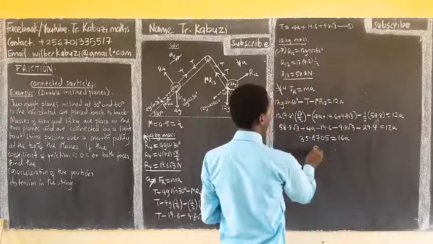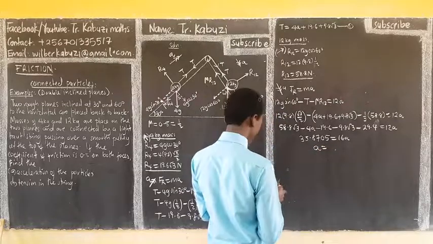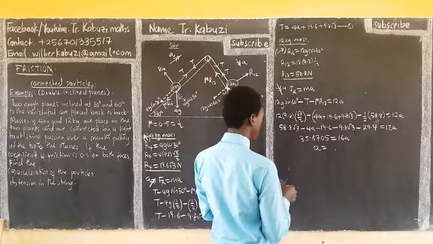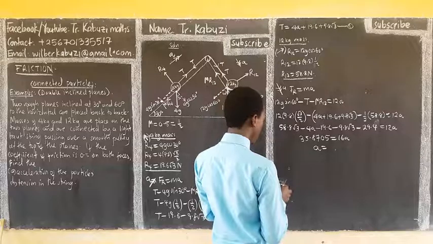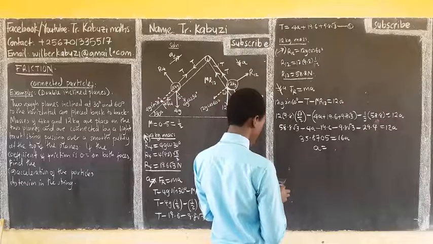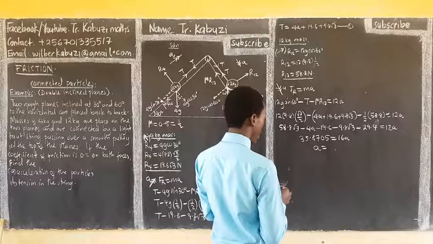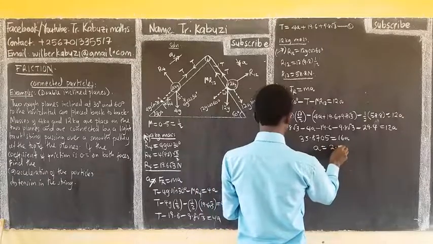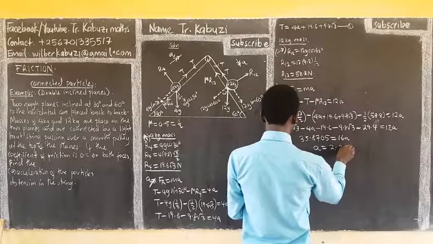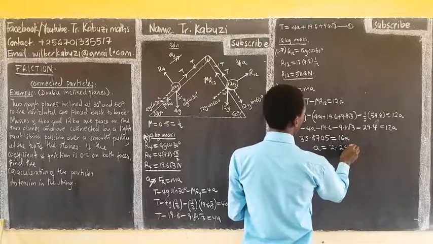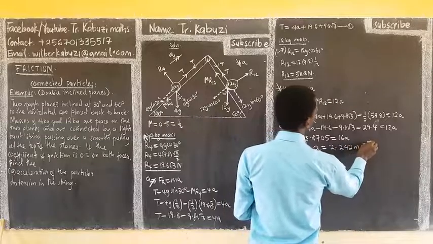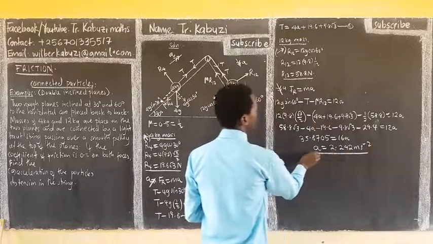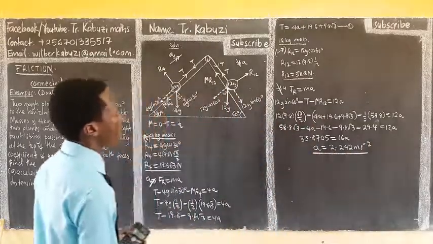The result is 35.87 equaling 16a, so my a is going to be 35.87 divided by 16, which is 2.242 meters per second squared. So that's going to be my acceleration.